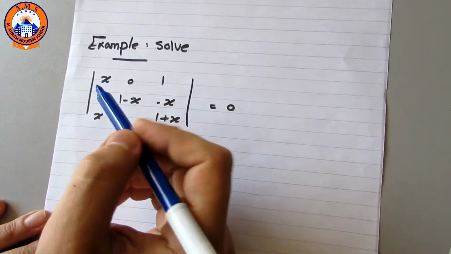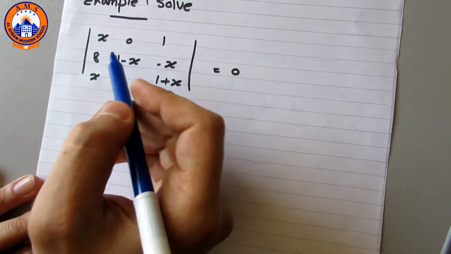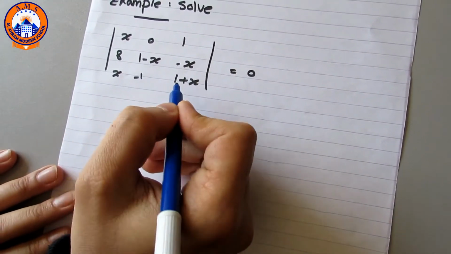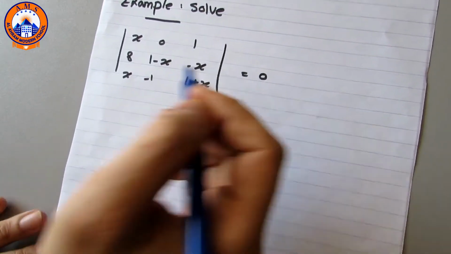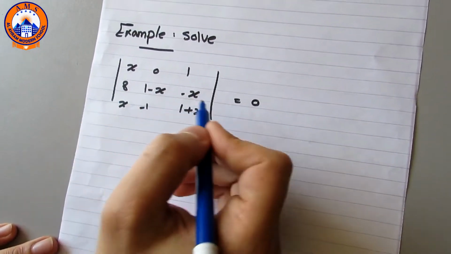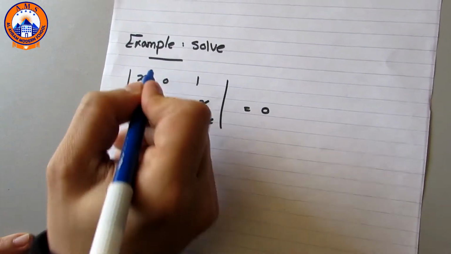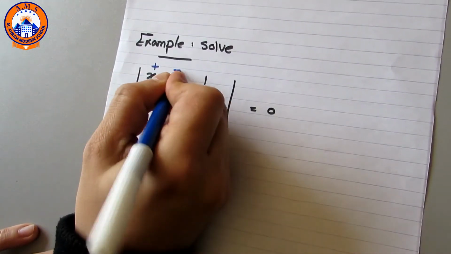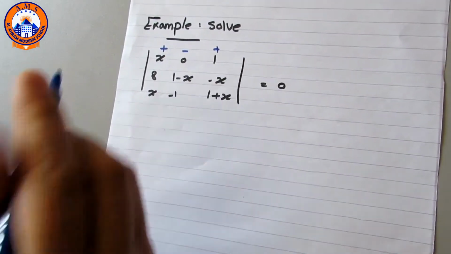Example, solve the equation of this determinant x, 0, 1, 8, 1 minus x, negative x, negative 1, and 1 plus x equals 0. I said to solve the determinant of the third order, choose any row or any column and positive, negative, positive.